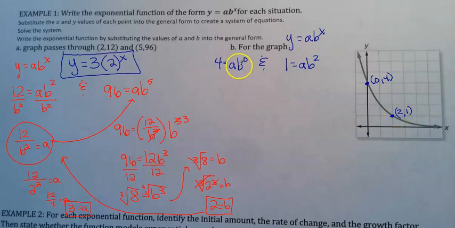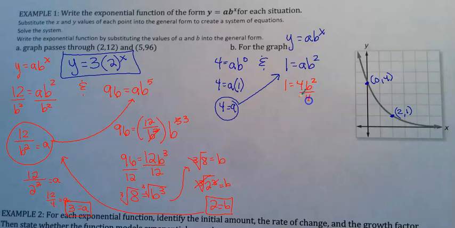All right, well, this one's kind of nice. We can go ahead and solve it because any number to the power of 0 is 1. So we know that 4 equals a here. All right, so then we're going to plug it in over there. So 1 equals 4b squared.